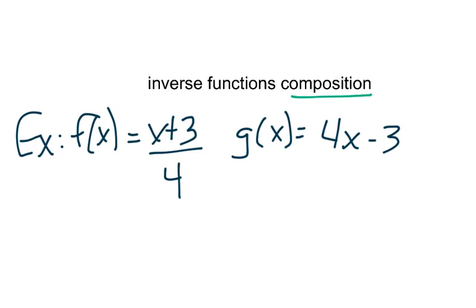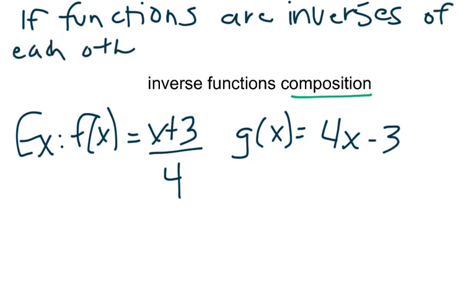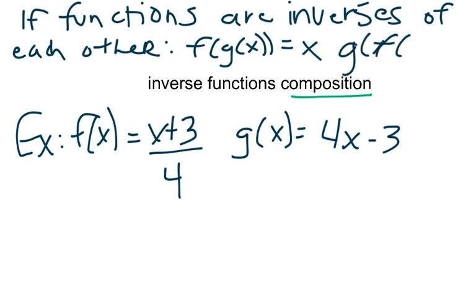So the idea is that if functions are inverses, meaning one of them, when graphed, would flip over the y equals x line if the other one is graphed as well, then the following will happen. f of g of x will make x, and also g on the outside of f of x will make x.